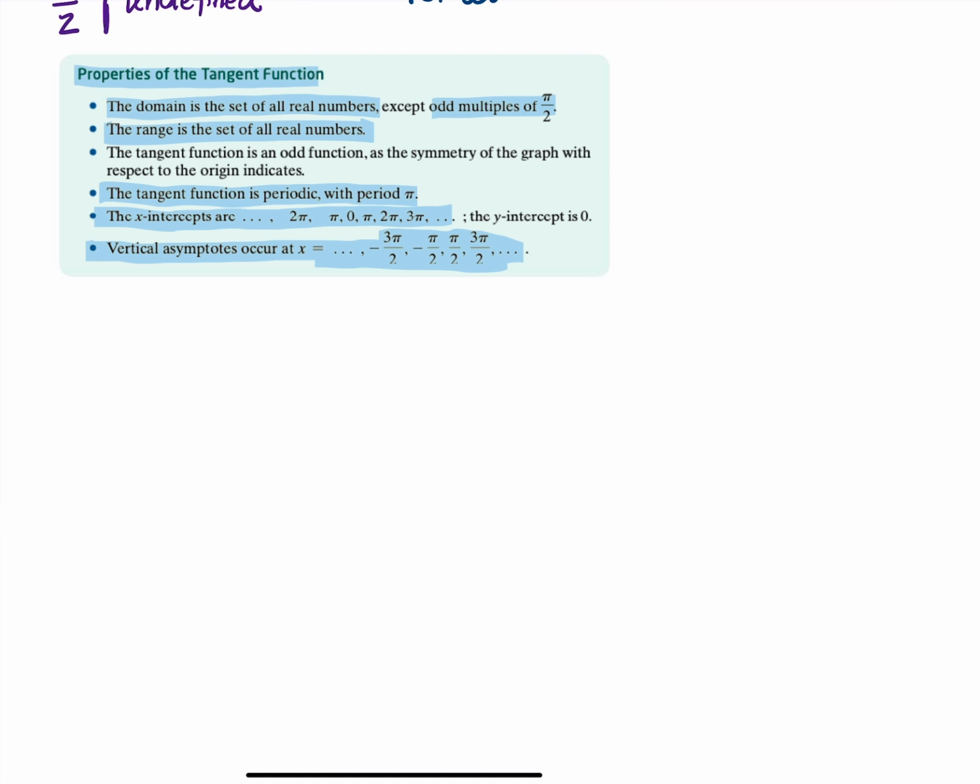So that's the tangent. Let's imagine the cotangent function. This will be very similar, except the graph will look a little bit different. So let's recall how the cotangent is defined. The cotangent is 1 over the tangent, the reciprocal of the tangent, so we can describe it as the cosine over the sine.